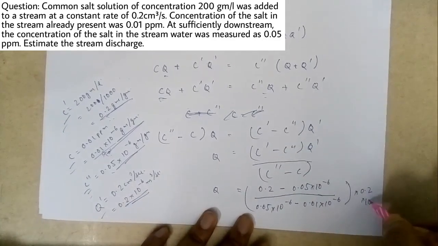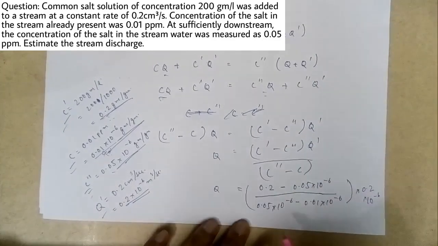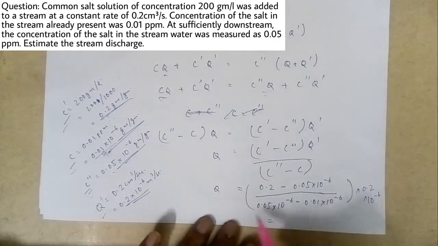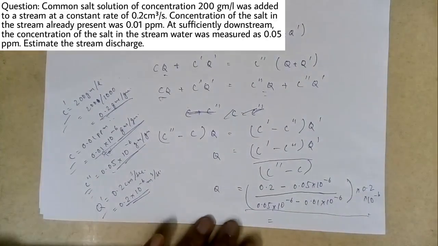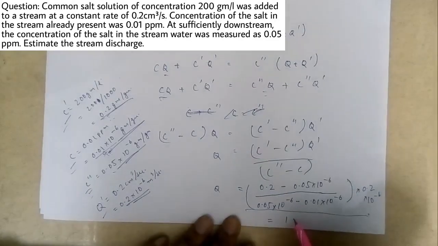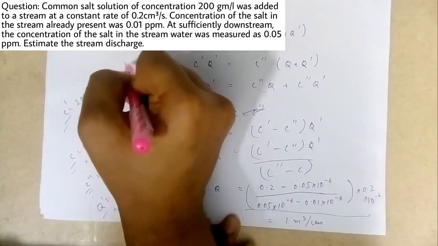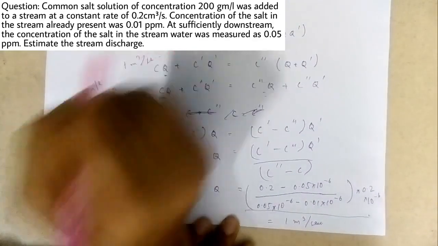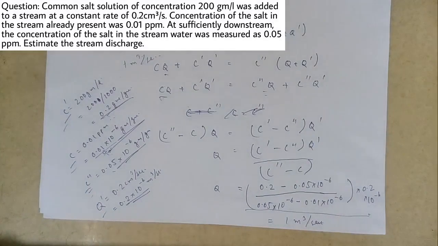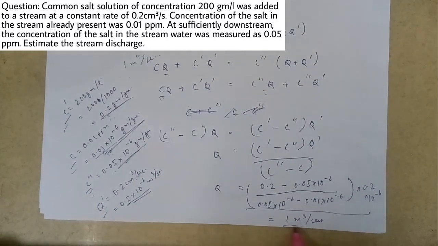So the answer finally on solving this comes out to be around 1 meter cube per second. So the discharge is actually 1 meter cube per second.